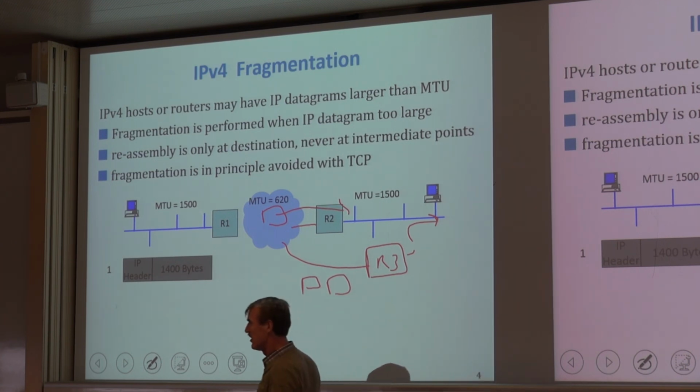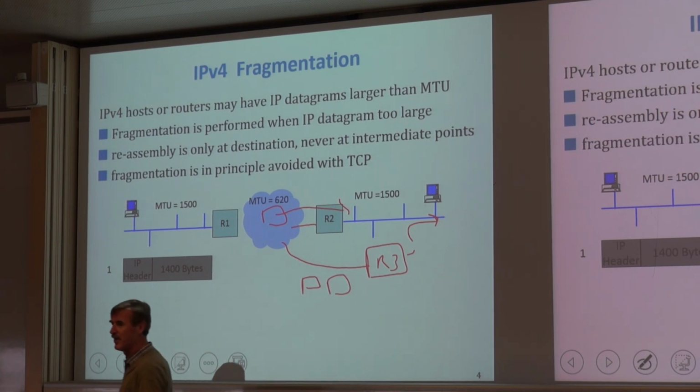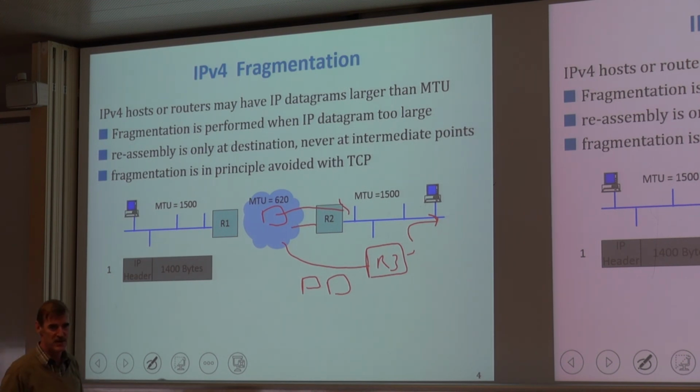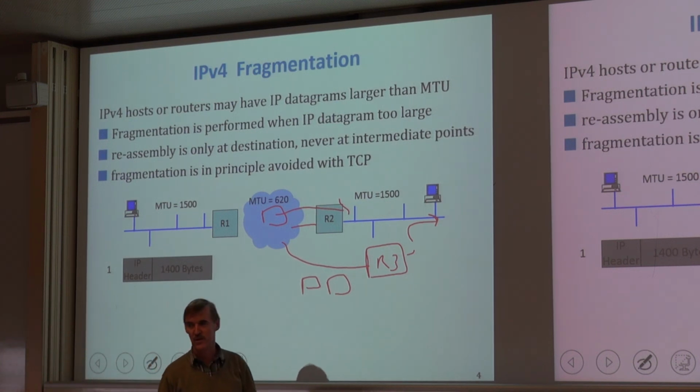But there's another reason. If I'm a router, I don't want to do this, frankly. Why? Well, it's a lot of work. I'll have to buffer the packets in my buffer. Yes, you will need to buffer the packets. Plus, it's a lot of work to reassemble, not for a PC, but for a router.